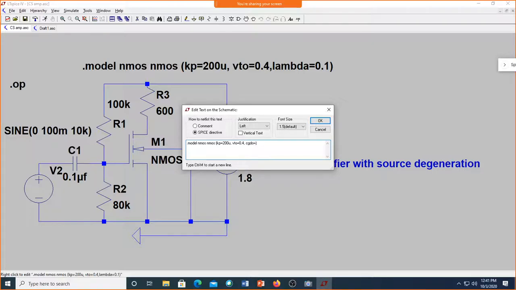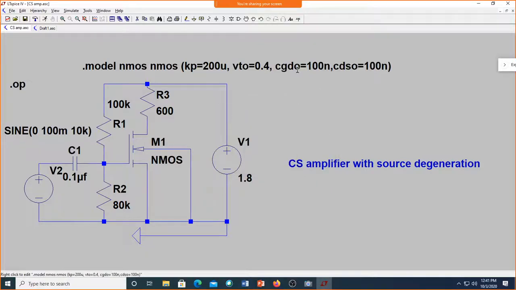CGDO is equal to, I'll make it 100 nanofarad, comma, CGSO is equal to 100 nano. I'm trying to put in those two parasitic values, CGDO and CGSO. If you want to know what they are, you can go to help and find out.